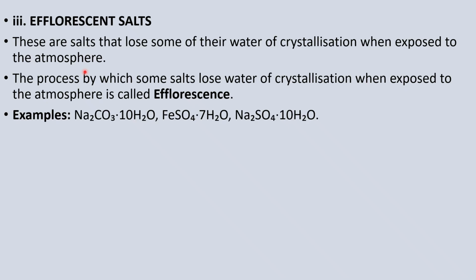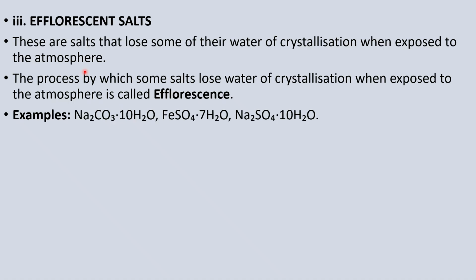They contain some water of crystallization. When you expose these salts to the atmosphere, they will lose some of that water of crystallization. So efflorescent salts are the opposite of the hygroscopic and deliquescent salts. Efflorescent salts lose water of crystallization.